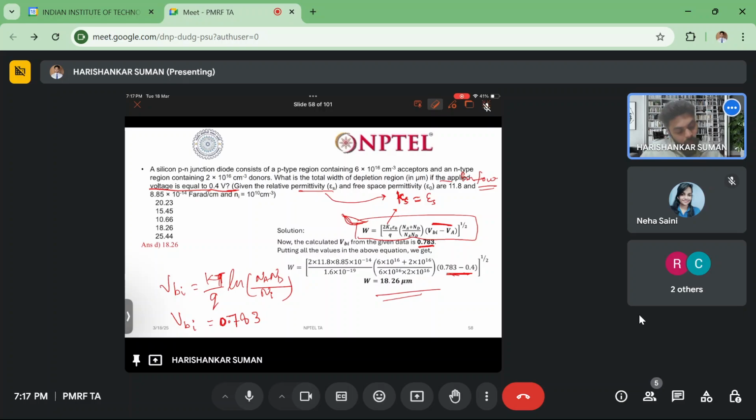Use these given parameters in this formula and you will get the value of the depletion width. So remember this formula: the built-in potential VBI is calculated, then the forward condition. This is simple, I think, but you have to remember the formula and how to apply it.